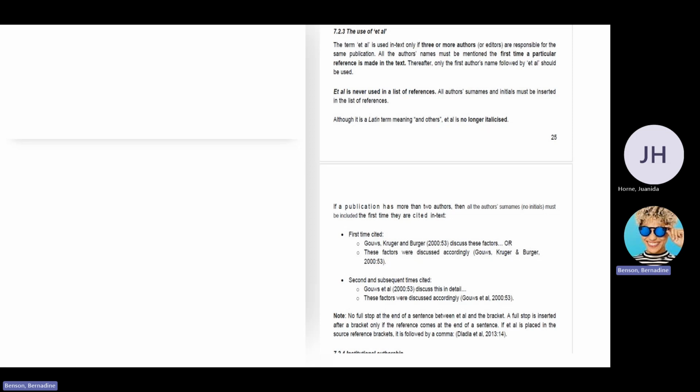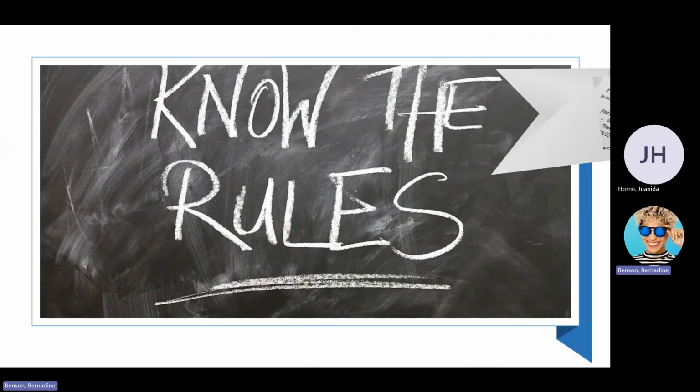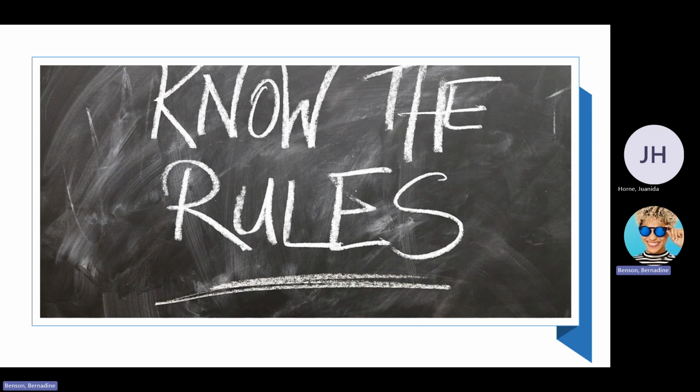I noticed that I have skipped over the legislation, but I'm going to take a pause here quickly and just remind everybody that it's important to know the rules. And there is only one set of rules, and that is the School of Criminal Justice guidelines. You cannot use any other version. It doesn't matter what other disciplines are using.